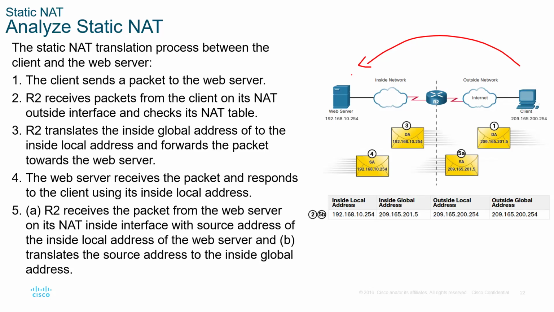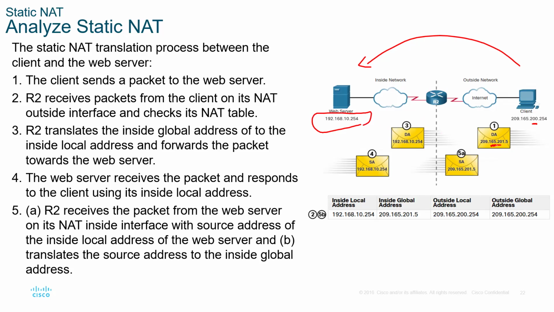That's our inbound process, communication from outside the network, where our client is initiating a connection. And as you can see, from this client's perspective, our destination address is the public IP address of this.